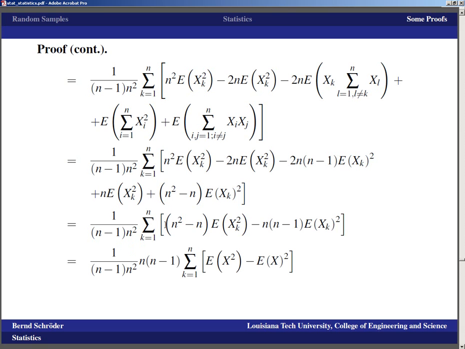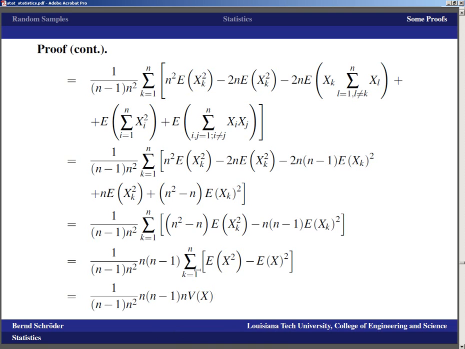Because now, if we look at what we have here, again, the factor out front stays the same. Well, n squared minus n is n times n minus 1, and we also have n times n minus 1 here, so I can factor that out. I get an n times n minus 1 out front. And what I keep inside the summation is the expected value of X_k squared, which is X squared, the underlying random variable, if you will, minus E of X quantity squared, and that's the variance of X. And so now I do another cancellation here.